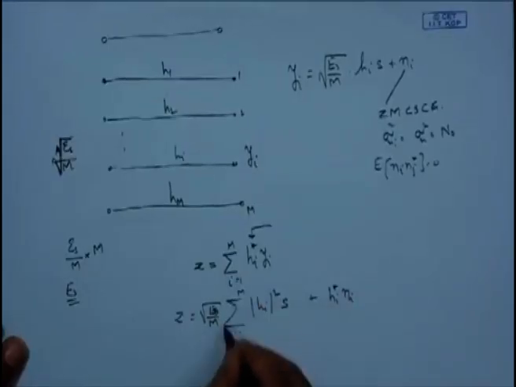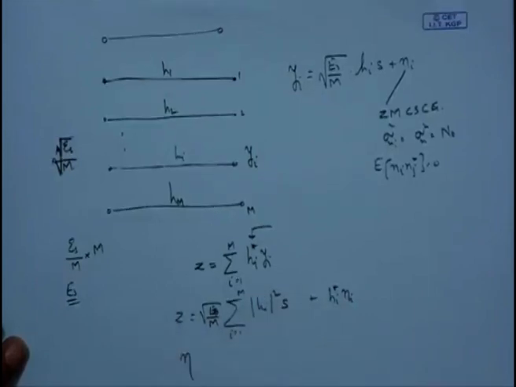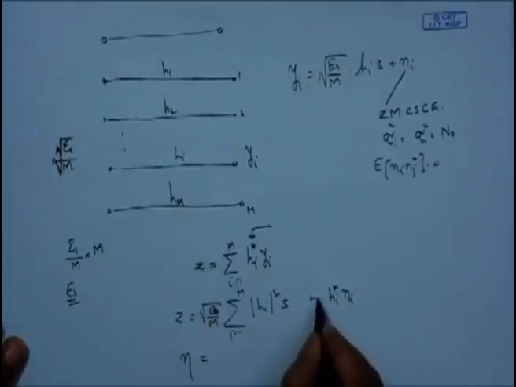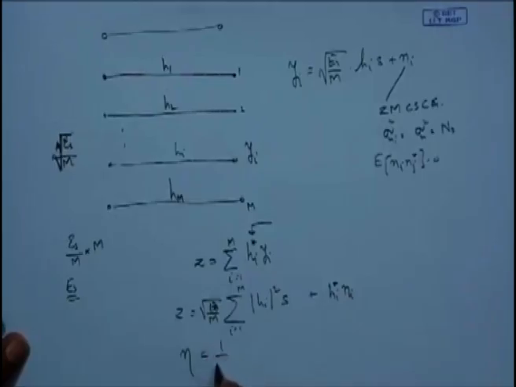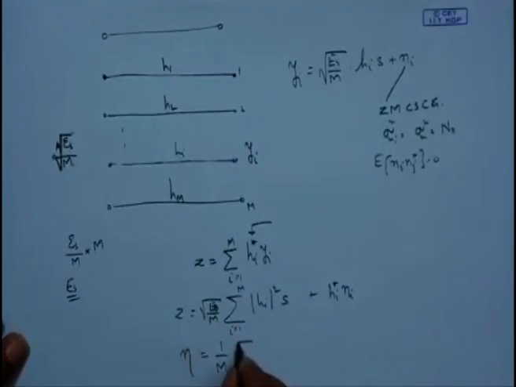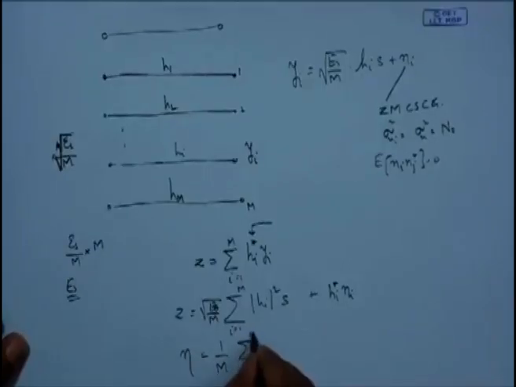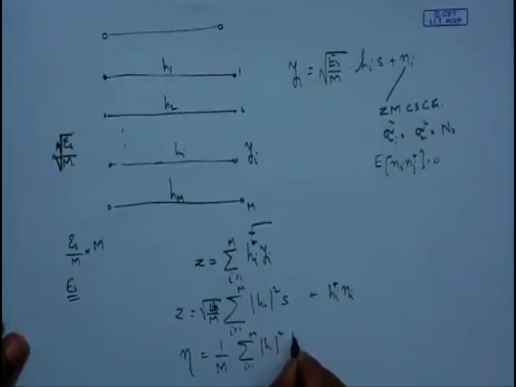So we are adding up all of these terms. If we write eta as the expression of SNR, then we are going to get the square of this term divided by the square of this term given h. So we'll be getting 1 by M times the sum over i equals 1 to M of mod hi squared, times Es by N naught, which you would often write as rho.